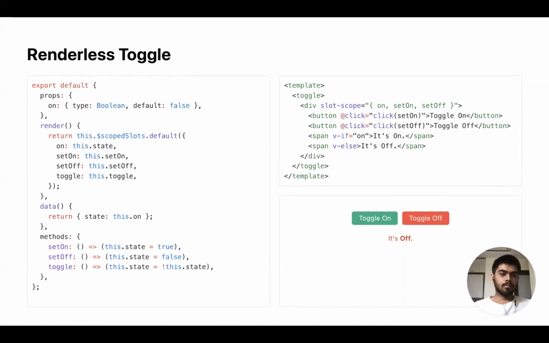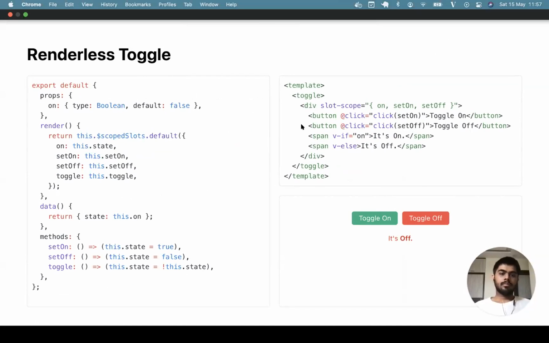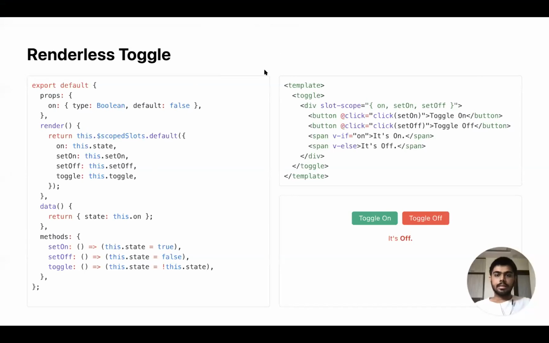It's actually the parent that's controlling the style. Renderless components basically have no opinions of their own. So if I pass, let's say, a class or a style with background color pink, this will become pink.